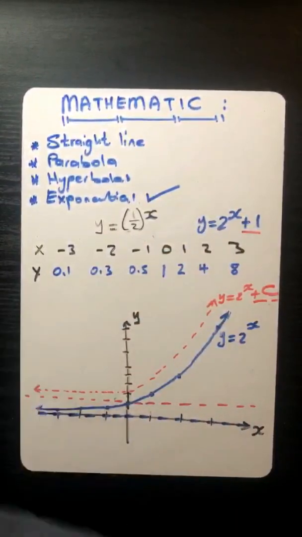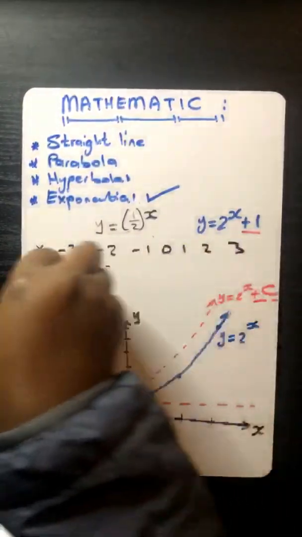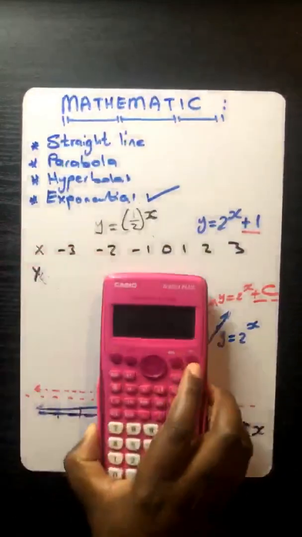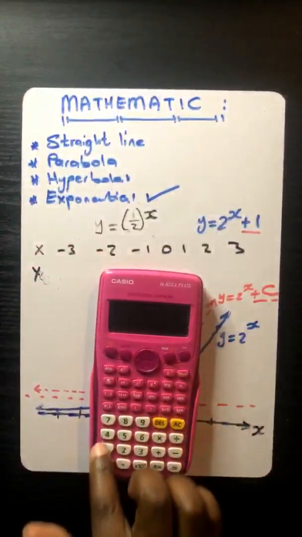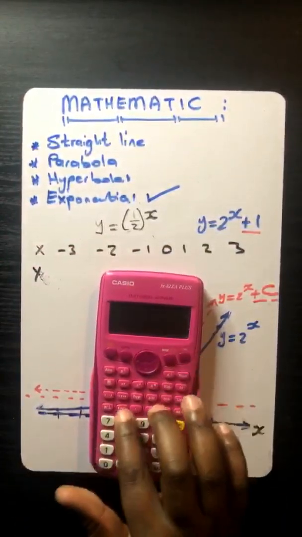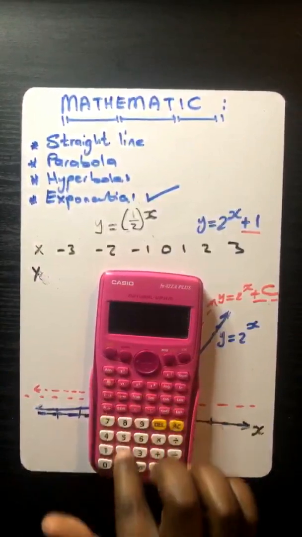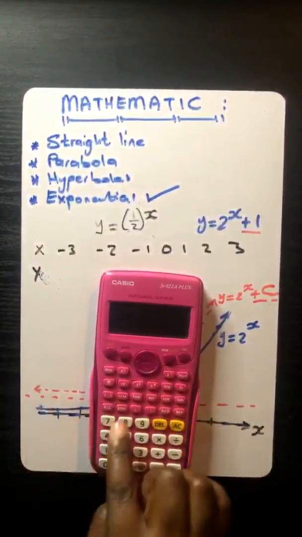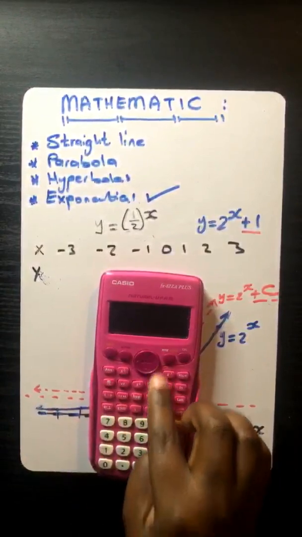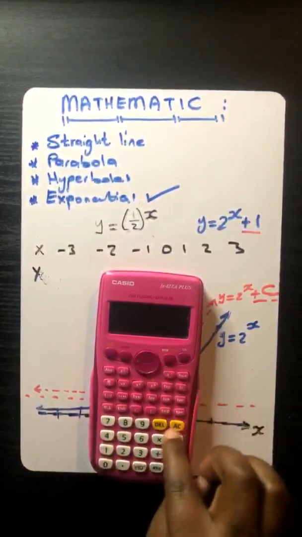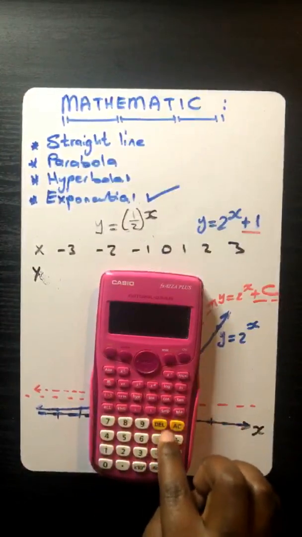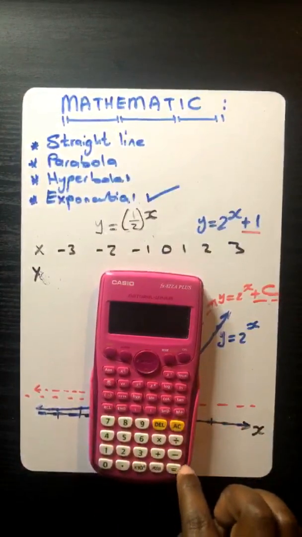Let's quickly try to do a very quick sketch. It doesn't need to be 100%, but calculator, let's calculate. We have 1 over 2, open bracket, 1 over 2, close, to the power of, we start with -3. I hope I'm not losing you guys, to the power of -3 there.